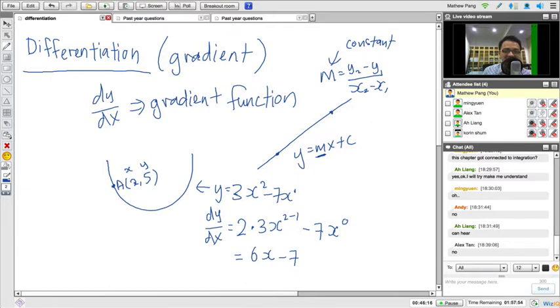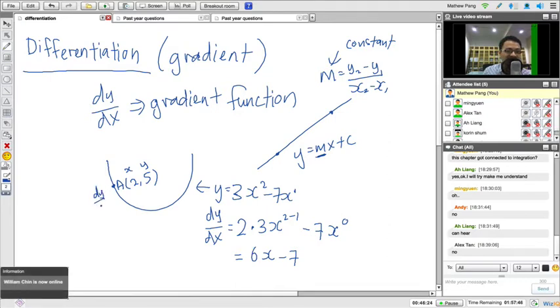You always need to find the x value. So I substitute the 2 into my dy/dx. My dy/dx at A will be 6(2) - 7, which is 12 - 7, and I get 5. That means at A, my dy/dx is 5.